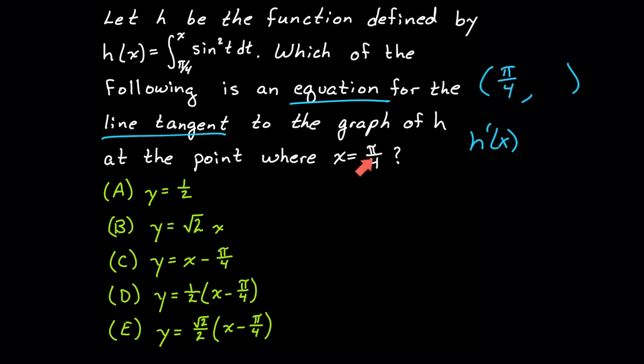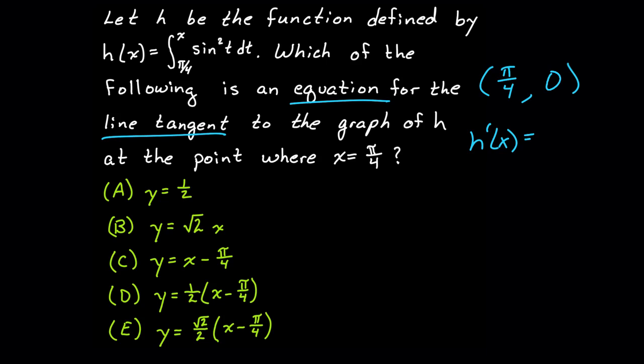So if you take this pi over 4 and I want to find the tangent line to h, that means I need to find h of pi over 4. Well, that would be the integral from pi over 4 to pi over 4, which is 0. That was easy. And then we also need to know h prime.